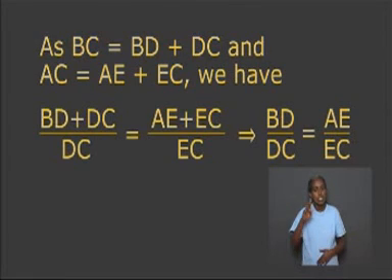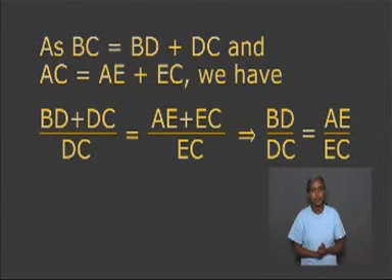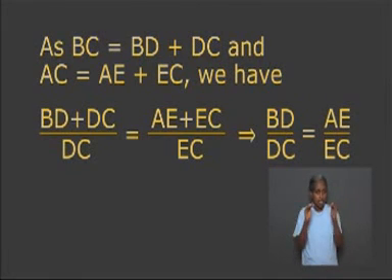The ratio of the sum of BD and DC to DC is equal to the ratio of the sum of AE plus EC to EC. Then the ratio of BD to DC is equal to the ratio of AE to EC.